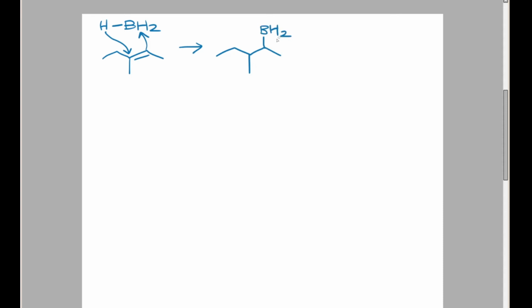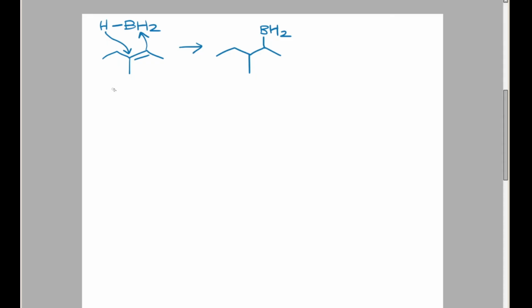And technically, the hydrogen and the BH2 are on the same side, so they're both wedged or they're both dashed, but I don't really think that stereochemistry is necessary for the intermediates in this case, so we're just going to move on.